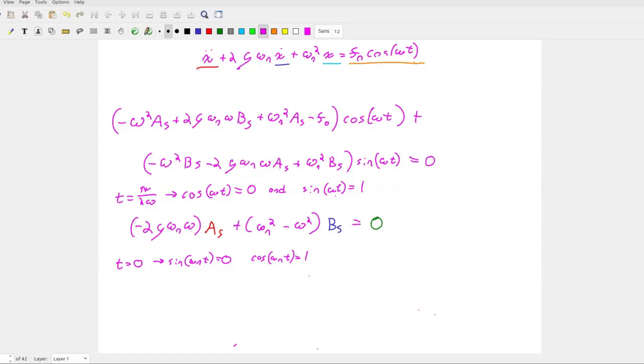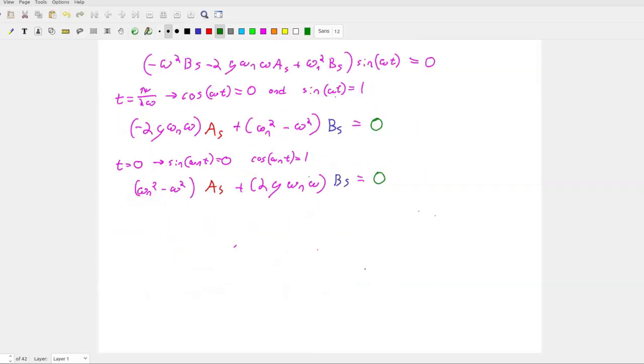So again, that whole mess from before can be a bit easier. And rearranging a few things to get my AS's to line up, I can get omega n squared minus omega squared AS plus 2 zeta omega n omega BS is equal to, sorry, that's not correct, is equal to f naught.